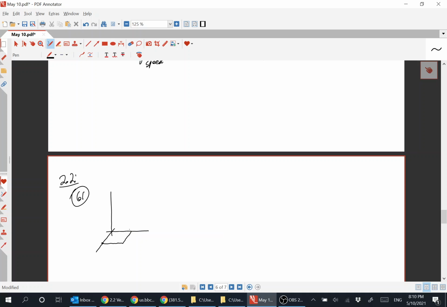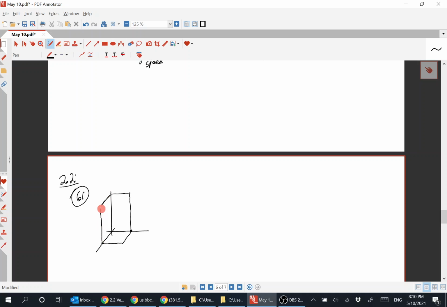With things that are boxes like this, notice how they're being drawn. Lines on these boxes are always parallel to one or the other of the coordinate axes. This line going this way is parallel to the y-axis. Going in the x direction, parallel to the x-axis.